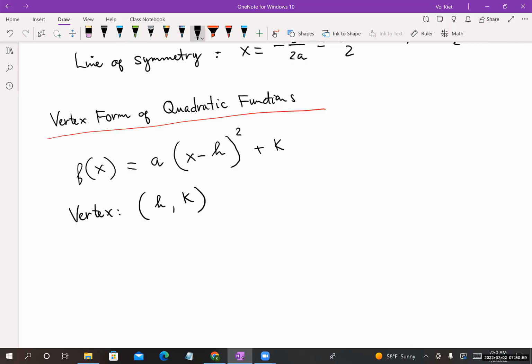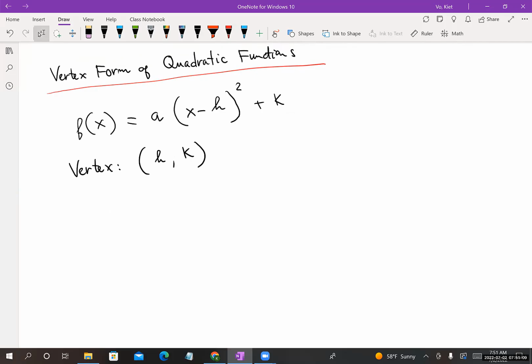Now, let me give you an example. Say that f of x equals the quantity x minus 3 squared, and then subtract 9.